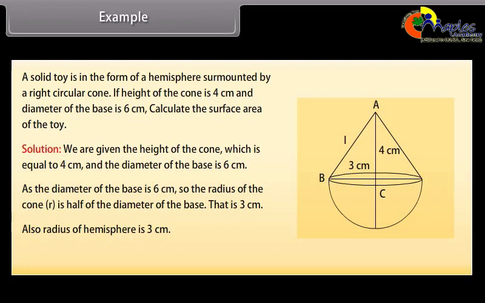Now to find the surface area of the toy, we need to find the curved surface area of the cone and curved surface area of the hemisphere. The curved surface area of the cone is equal to pi r L. So, now we have to find the value of L, slant height.